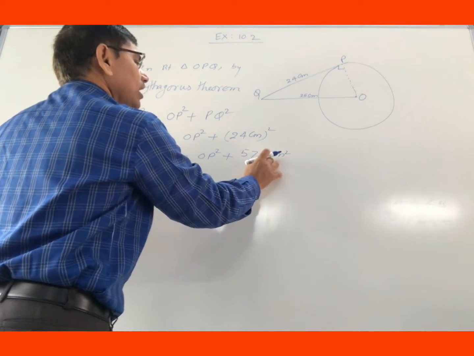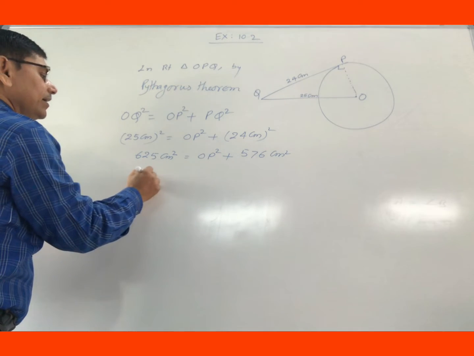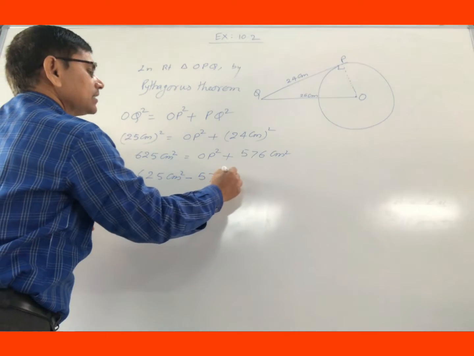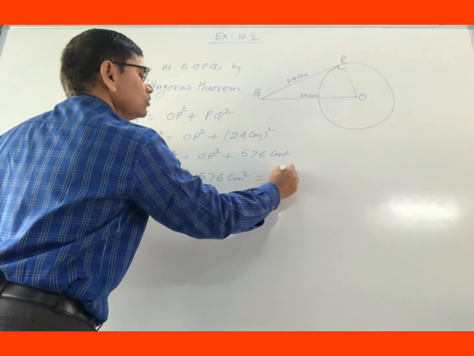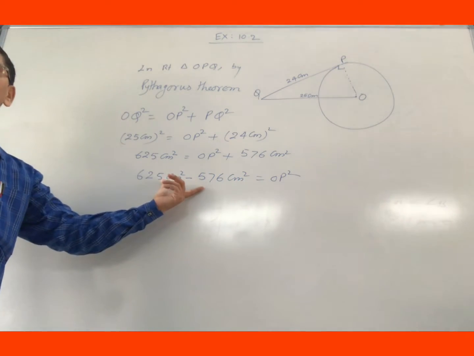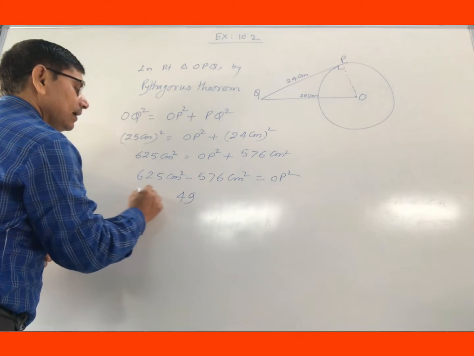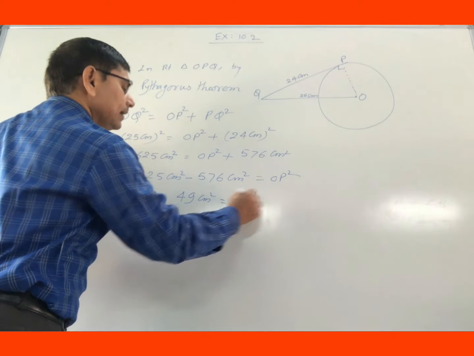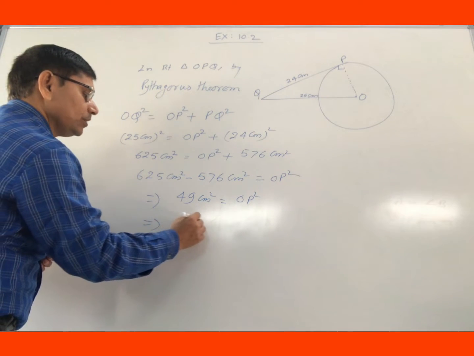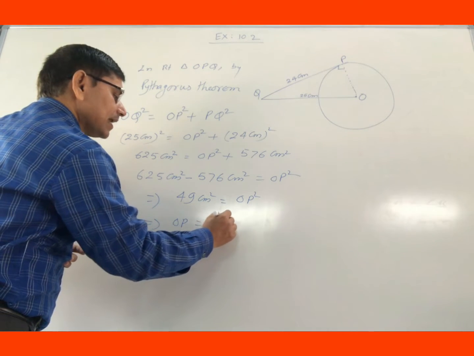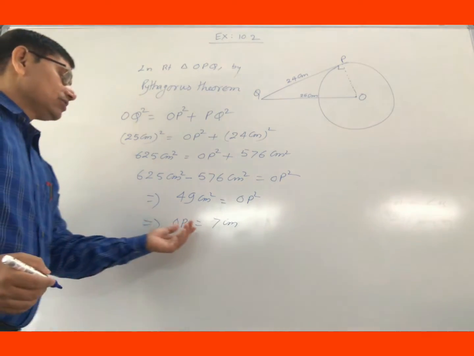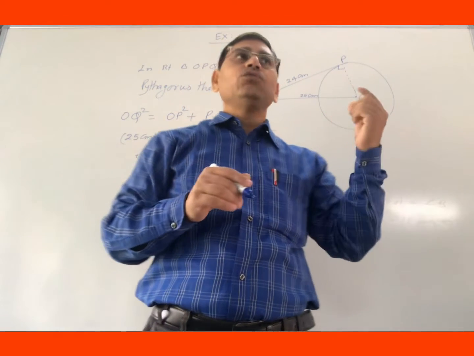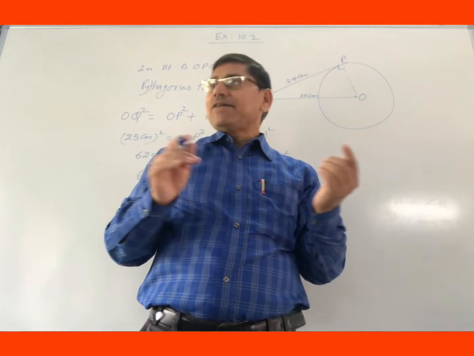Now transpose this to the left side: 625 minus 576 equals OP square. So the remainder is 49 centimeter square, equals OP square, and hence OP equals 7 centimeters. Once again you will not take plus minus 7 because this is the radius, so you will take only 7 centimeters.